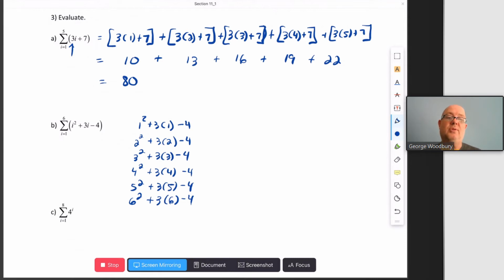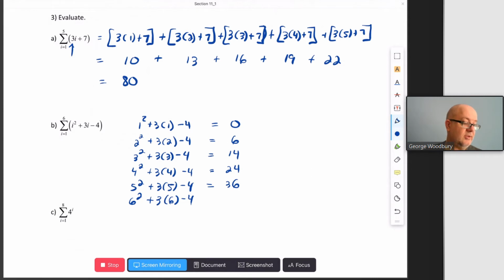Now we'll simplify each one. The top one is 1 plus 3 minus 4, or 0. The next one is 4 plus 6 minus 4, that's 6. Then we've got 9 plus 9 minus 4, that's 14. 16 plus 12 minus 4, that's 24. 25 plus 15 minus 4, that's 36.